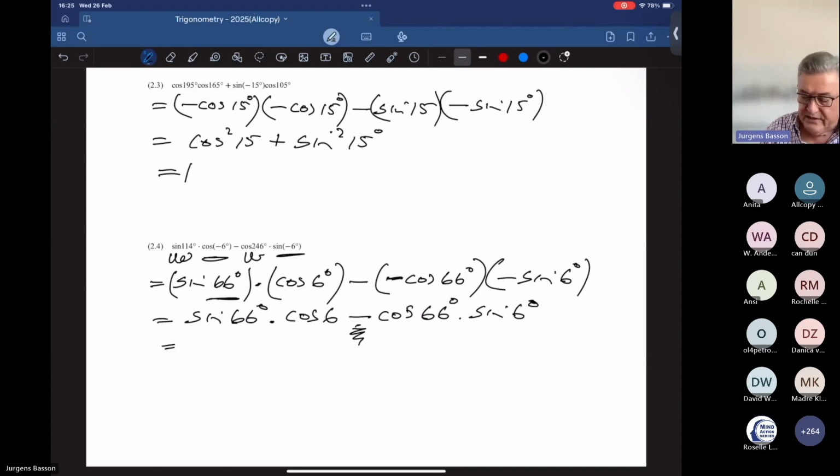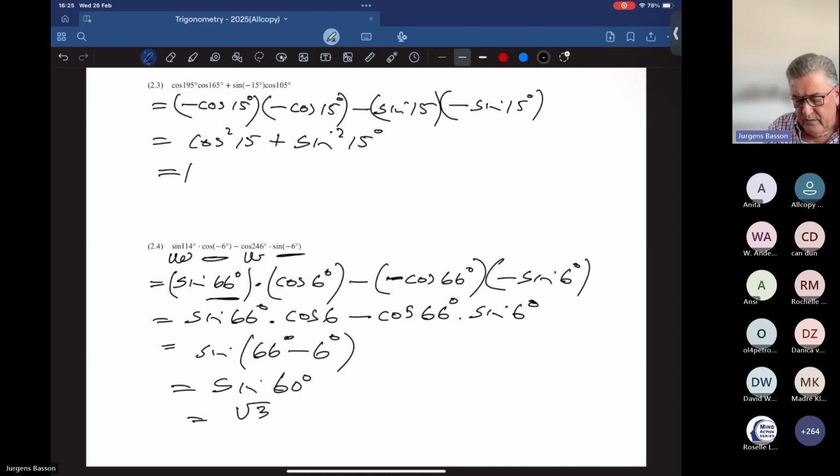So this will become the sine of 66 minus 6, which is the sine of 60 degrees, which is √3/2 if you use your special angles. And that is quite a nice one.